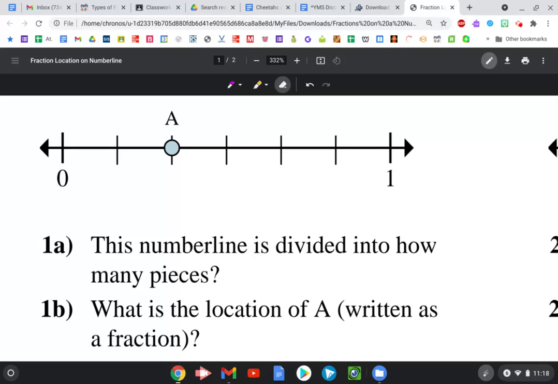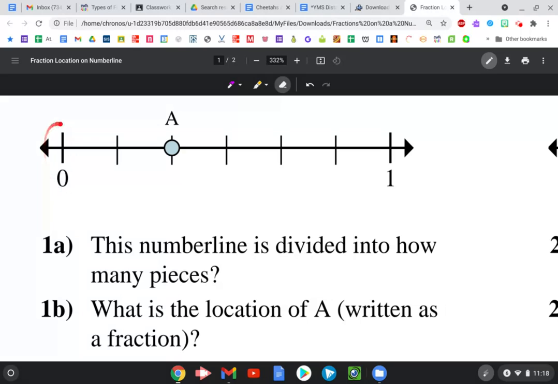So let's take a look here at this first number line and the first question. The first question says, 1A, this number line is divided into how many pieces? Well, in order to find how many pieces this number line is broken into, we must count. So it's really important to remember when labeling a number line with fractions like this is you must start counting at 0.